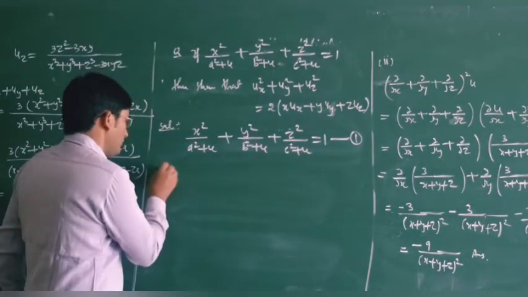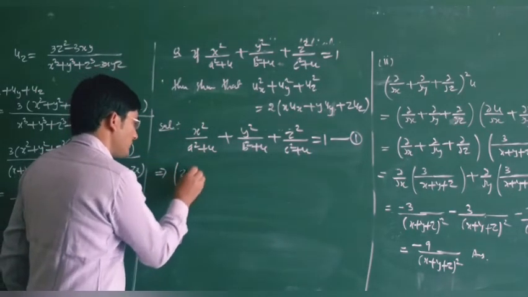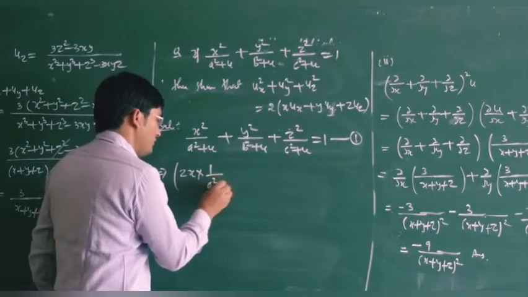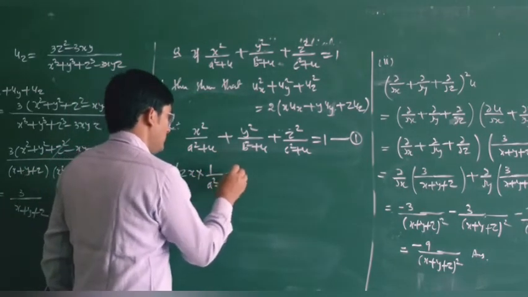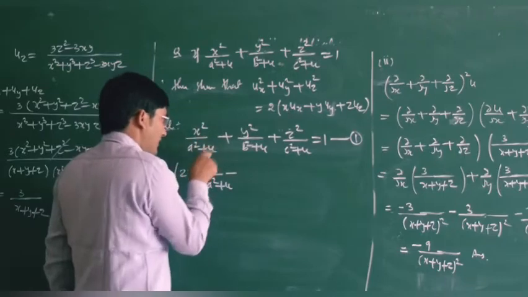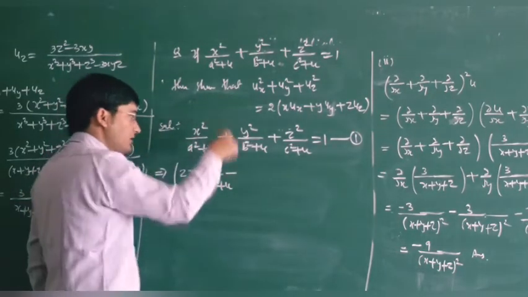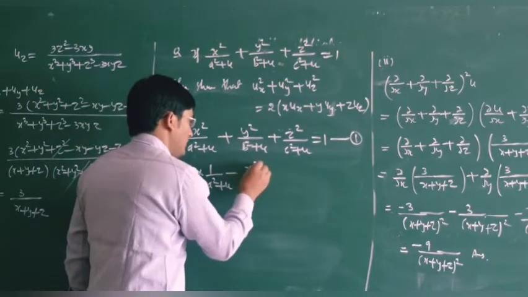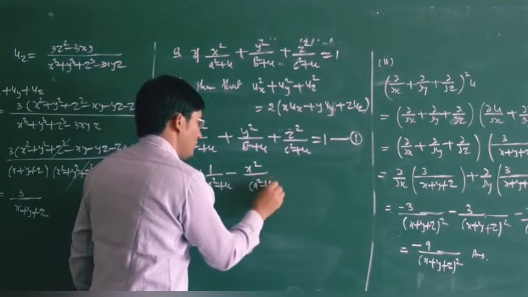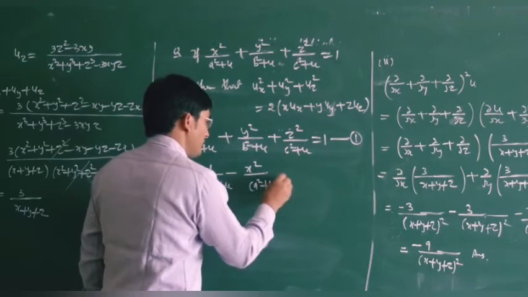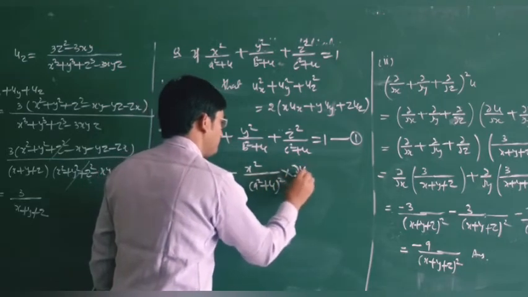So now the differentiation of x square will be 2x, then multiply by 1 upon a square plus u. Then the x square and differentiation of 1 upon a square plus u will be power minus 1, and minus 1 is here. Then we will have a square plus u whole square, and then the differentiation of a square plus u will be del u upon del x.